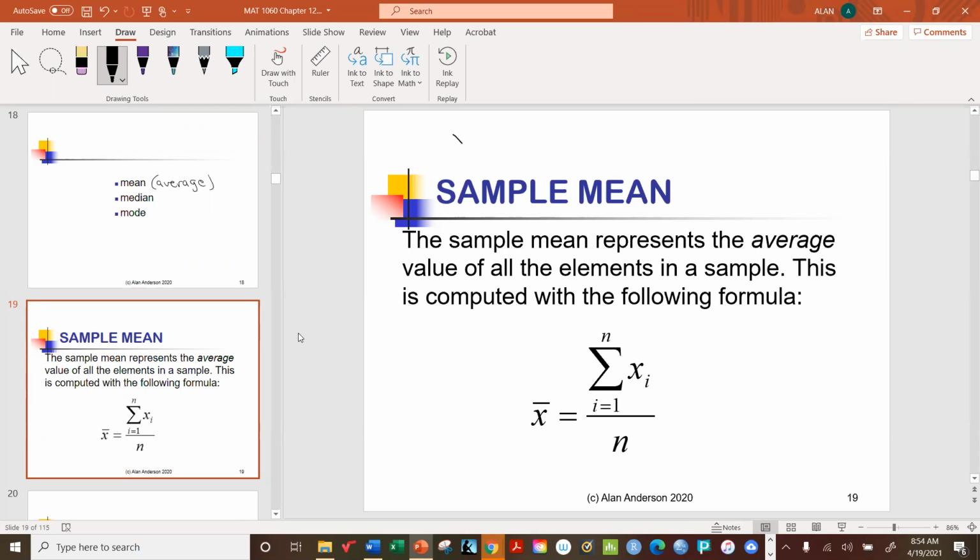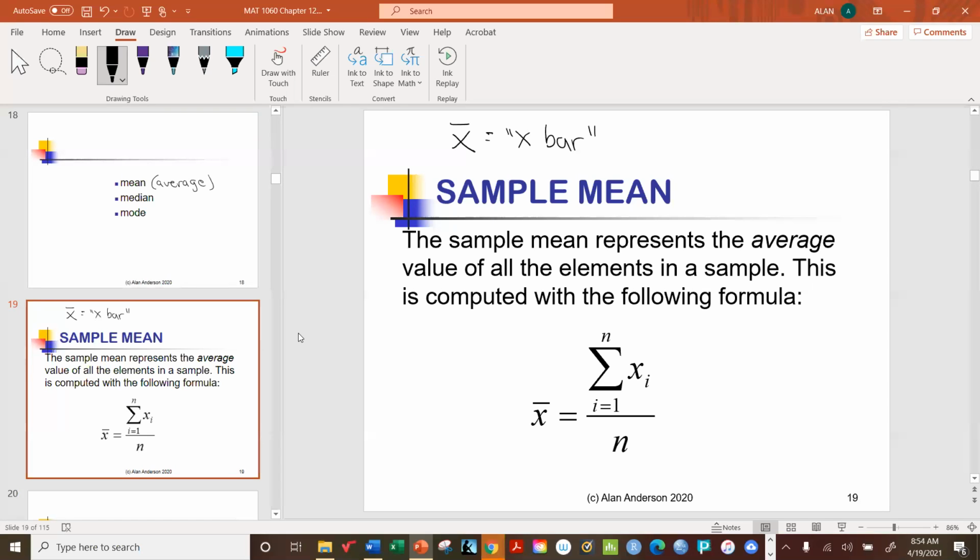This X with a little bar on top of it is pronounced as X bar. And whenever you see a little bar like that in statistics, that tells you that you're calculating an average. Okay, so the bar is used to indicate this is an average. This is standard practice in statistics.